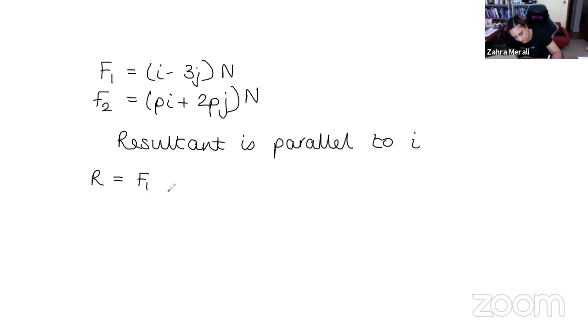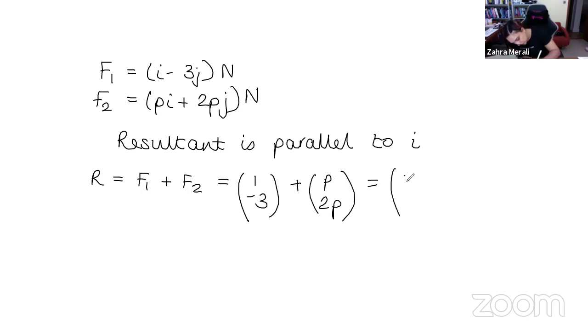It's going to be F1 plus F2, which is going to be 1 minus 3 plus P2P. So we're going to get 1 plus P and minus 3 plus 2P.